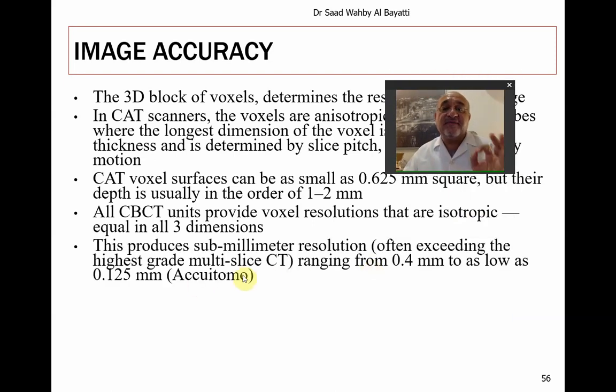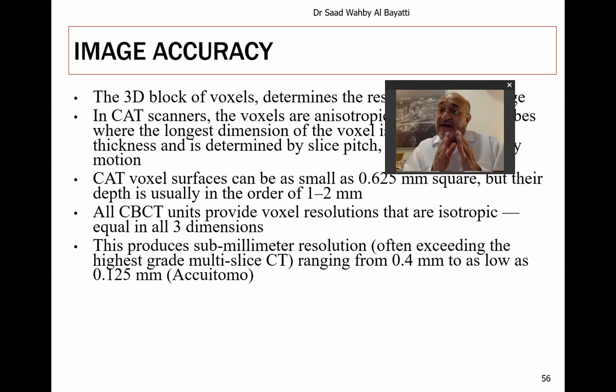What does this mean? It means you can go to sub-millimetric resolutions, exceeding the highest grade of a multi-slice CT. See the difference? Ranging from 0.4 to as low as 0.125 millimeters, like in Accuitomo.